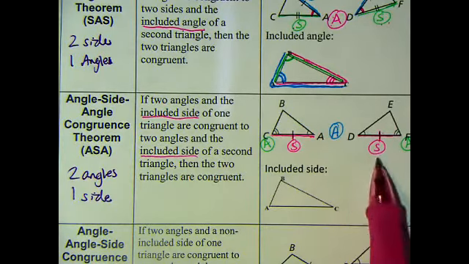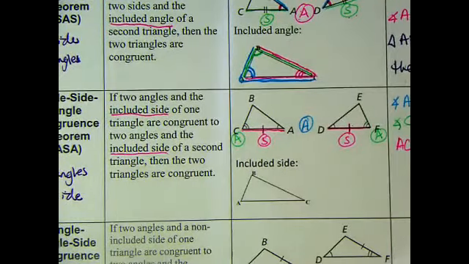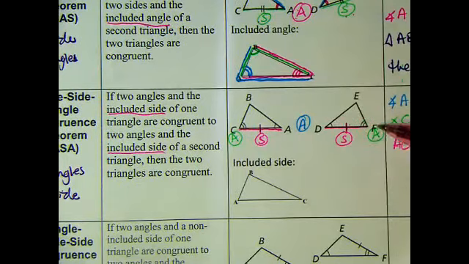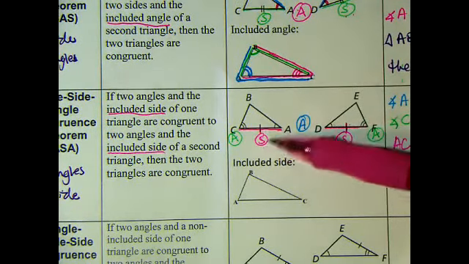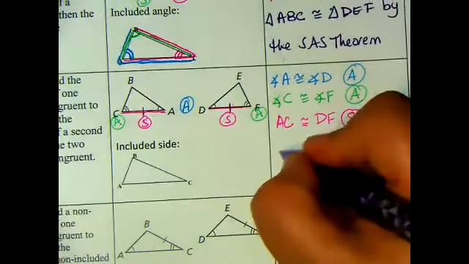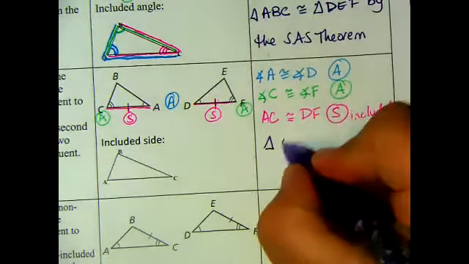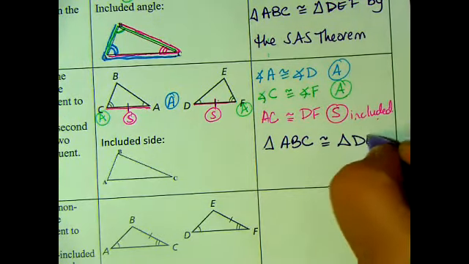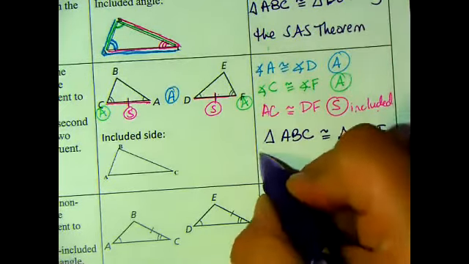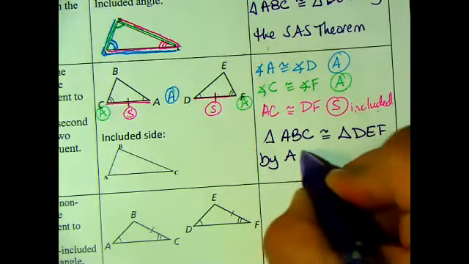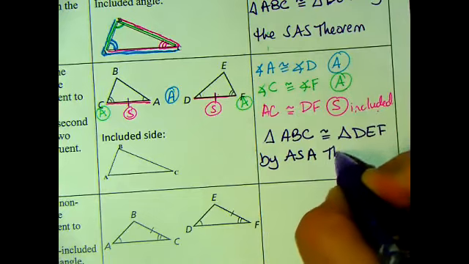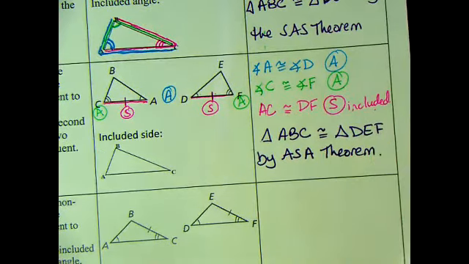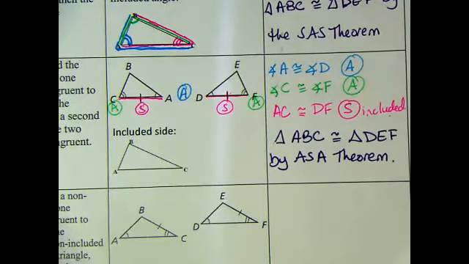I have angle, side, angle. Therefore, I can say that triangle ABC is congruent to triangle DEF by the angle, side, angle theorem.